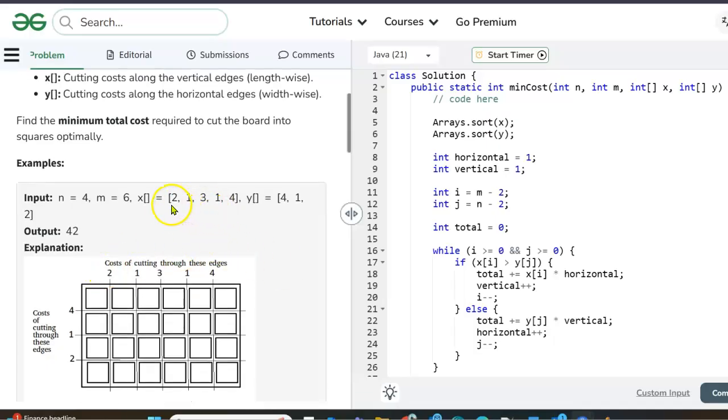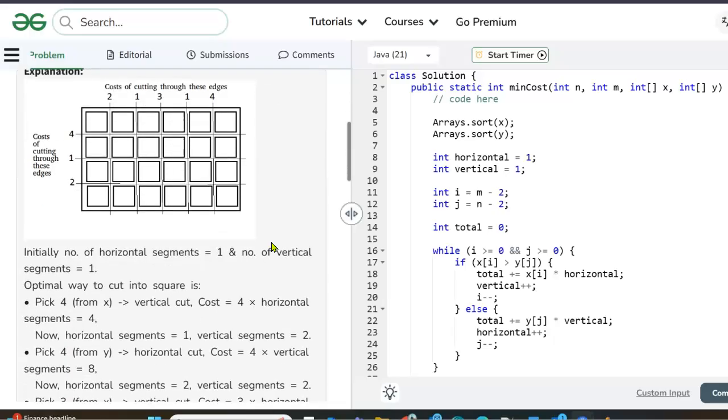In this case X is 2, 1, 3, 1, 4, the cost of the vertical cuts. And Y is the cost of the horizontal cuts, 4, 1, 2. Find the minimum total cost required to cut the board into squares optimally.